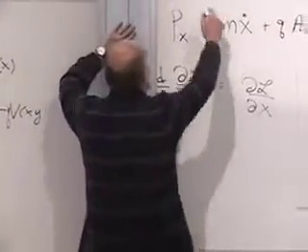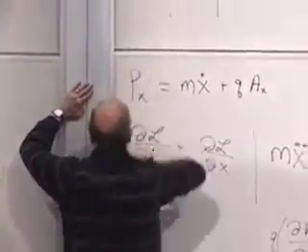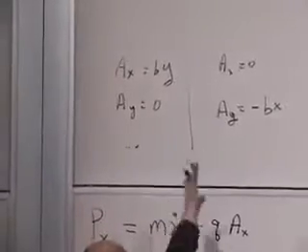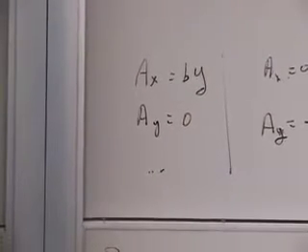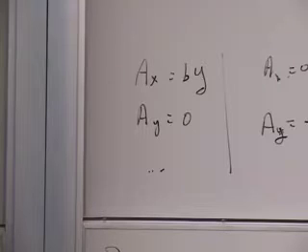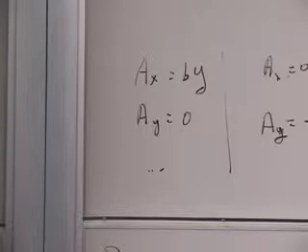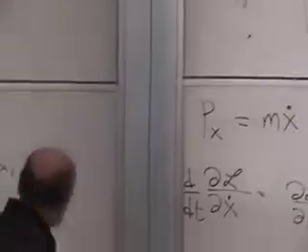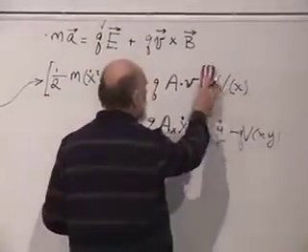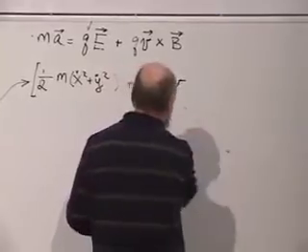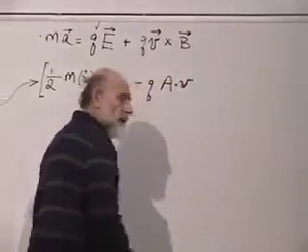Let's start with this gauge over here. Okay, let's forget the second gauge. Let's start with a gauge in which Ax is equal to b y and Ay is equal to 0. Let me rewrite the Lagrangian in detail now. And I'll tell you what, for simplicity for the moment, let's forget the electric field. We'll come back to the influence of the electric field in a little while.